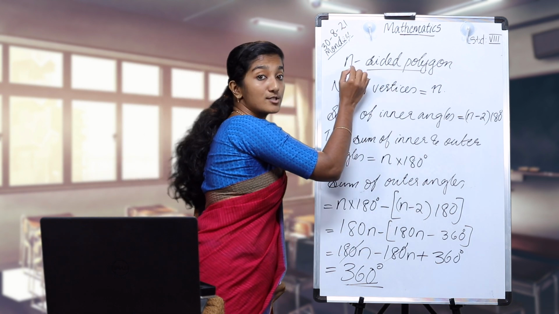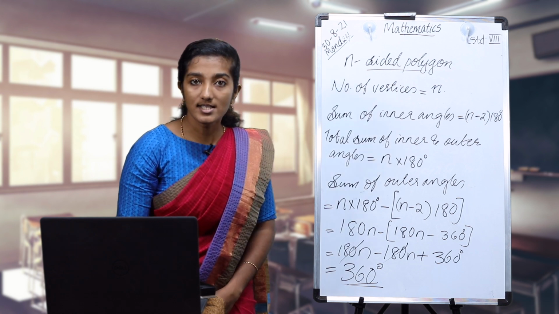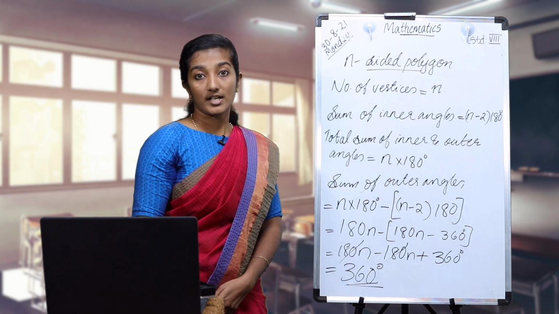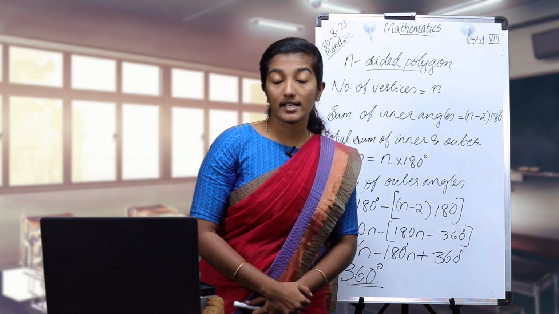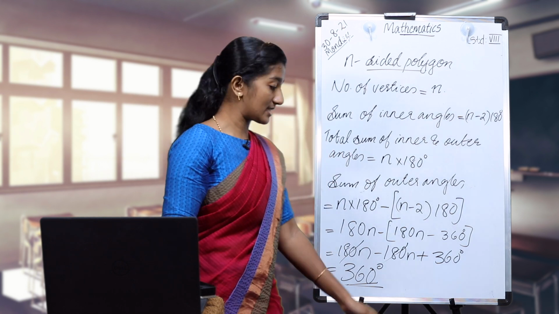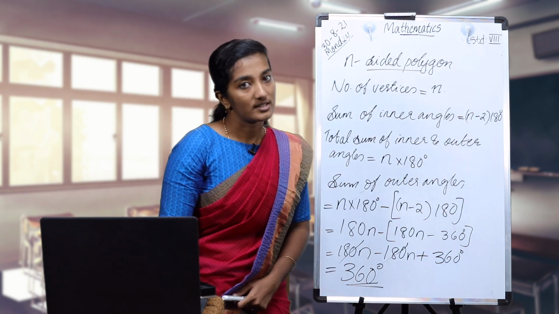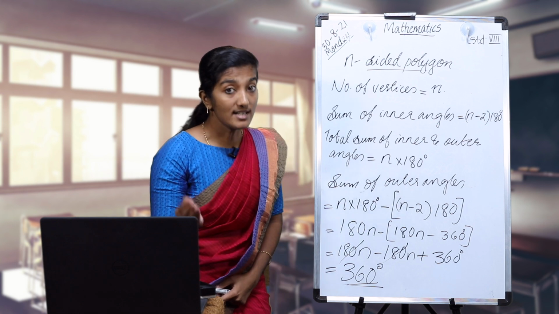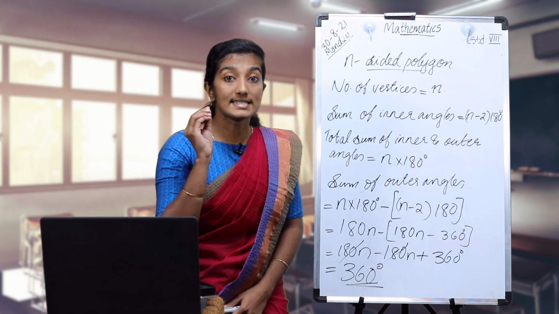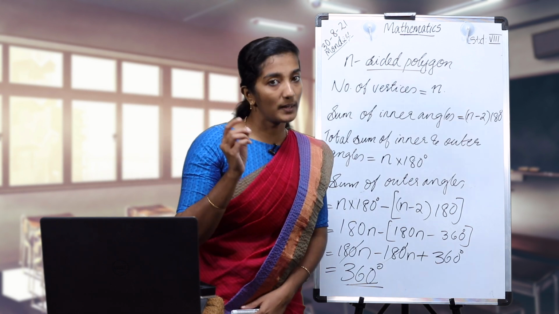The sum of outer angles of an n-sided polygon is 360 degrees. First, we found that for a three-sided polygon, the sum of outer angles is 360 degrees, and for an n-sided polygon, the number of sides will be n.